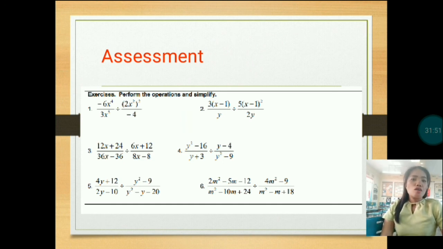Number 5, 4y plus 12 over 2y minus 10 divided by y squared minus 9 over y squared minus y minus 20. Number 6, 2m squared minus 5m minus 12 over m squared minus 10m plus 24 divided by 4m squared minus 9 over m squared minus m plus 18.